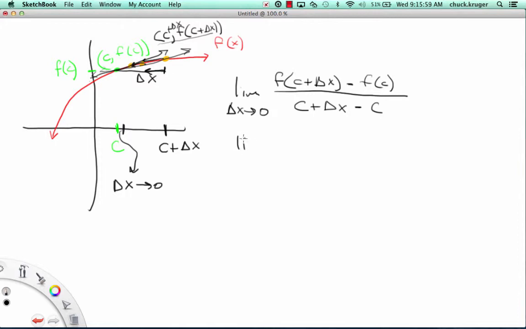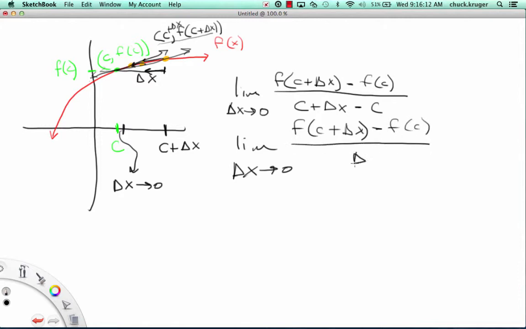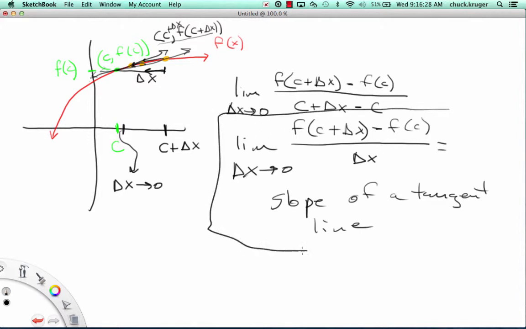Now I can simplify this because c minus c is 0. So I'm going to have f of c plus delta x minus f of c all over delta x. And that is equal to my slope of a tangent line. So that's my second definition right here, and you see that quite often. So I'm going to give you a third definition.